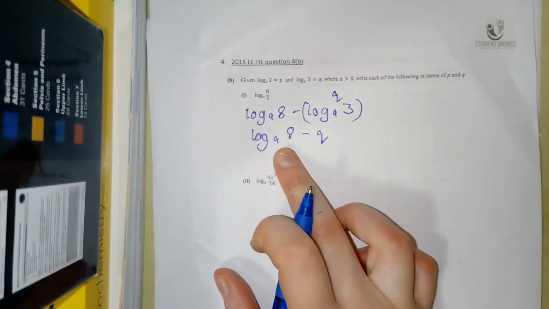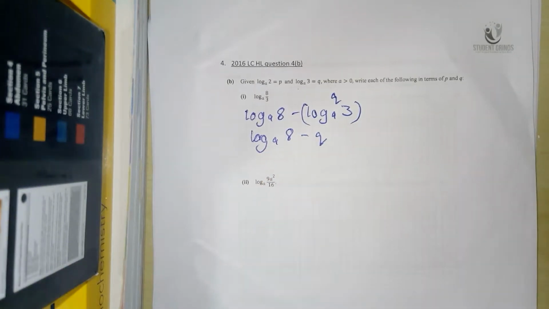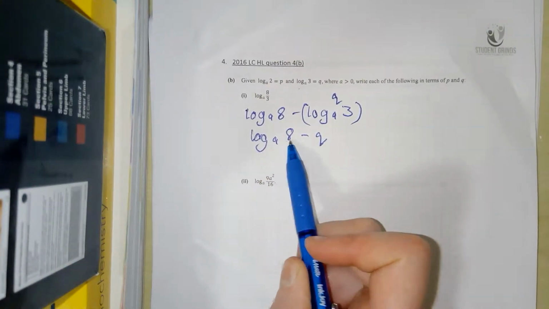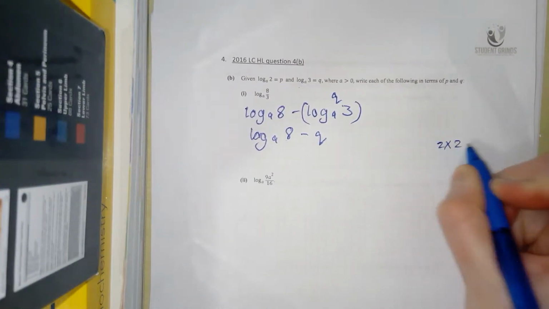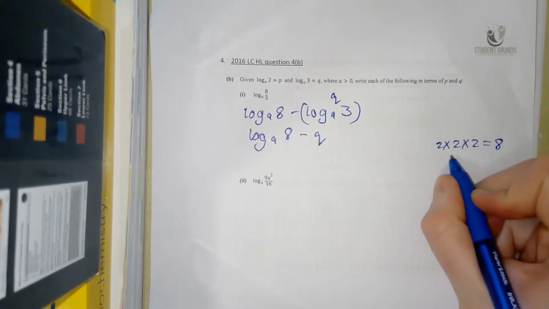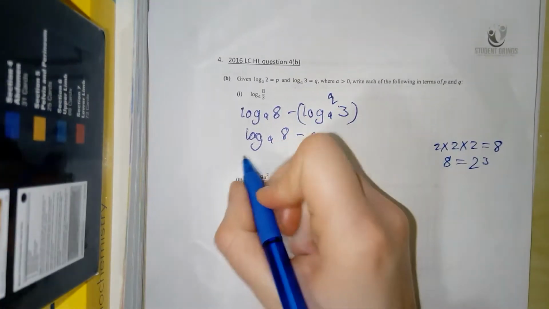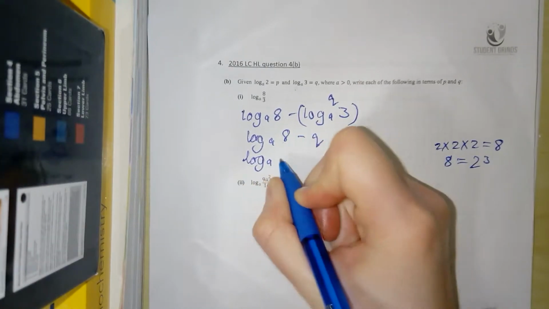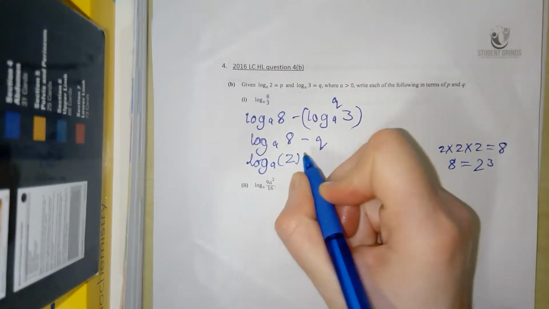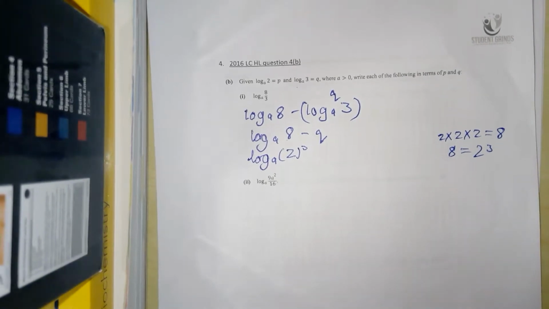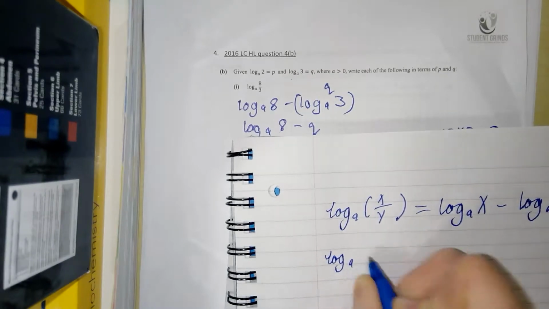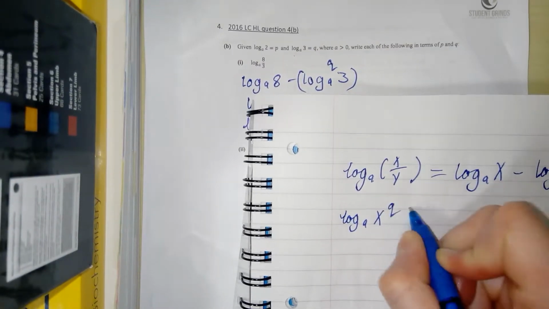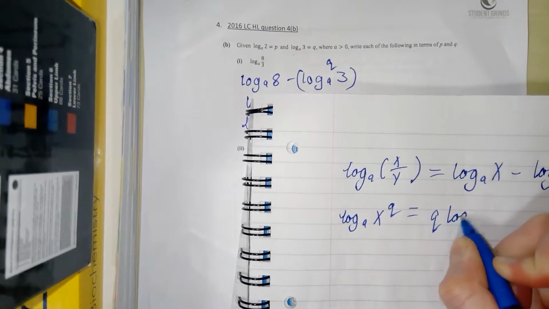We're still left with the 8, but we could write 8 in the form of 2 cubed, because 2 by 2 is 4, by another 2 is 8. So we can say log a of 2 cubed. Another rule for our logs is that log a of x to the power of q is equal to q log a x.